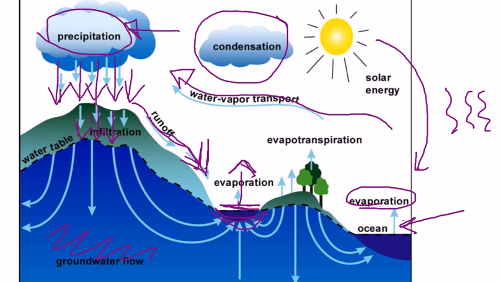Now, one thing that has not been covered so far is this little word right here, and I'm going to actually change color so you can see it: evapotranspiration. Typically, I don't even use the word evapo, I just say transpiration. I'm going to clear that out for you. Whoops.